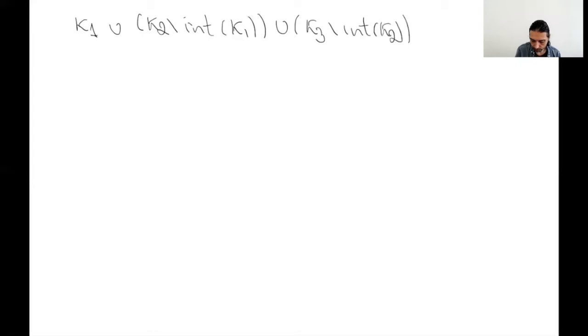So we have our manifold M as a union of these sets. Let us consider one of them. For instance, let us consider the set K_{j+1} minus the interior of K_j. This is a compact set because it is a closed subset of a compact set.